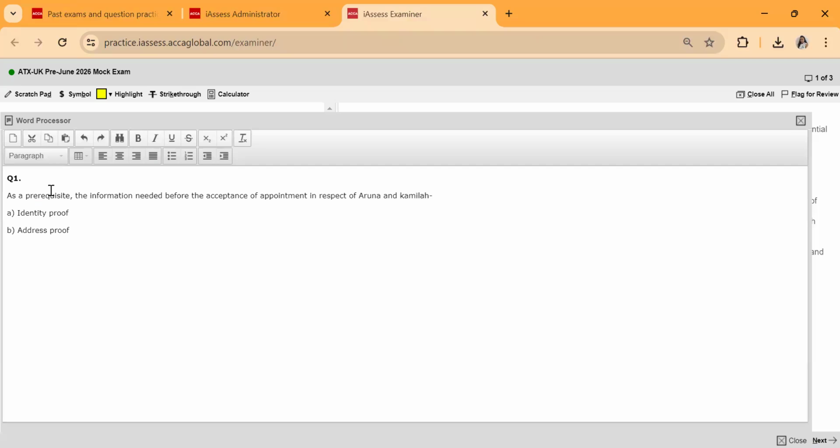Done. Okay, then it says about the actions that should be taken. Yes, KYC. But we can't write just KYC, I have to write the answer. So now the second point is, what are the actions that should be taken by the firm.